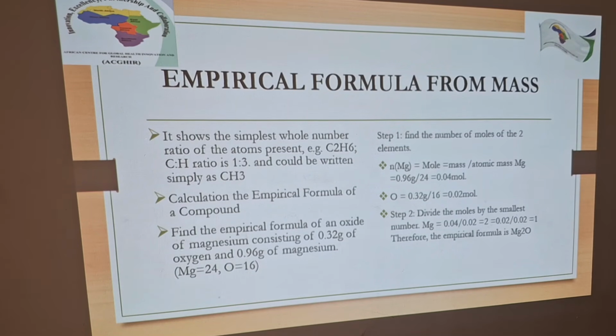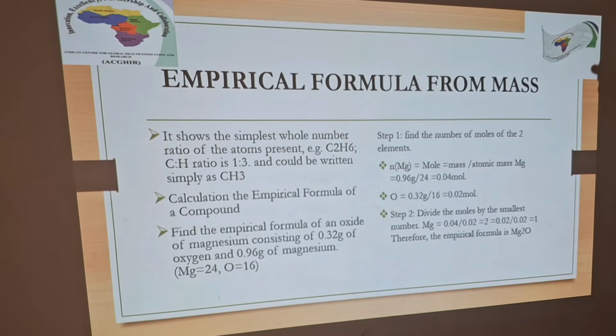Right. Sometimes we may be asked to calculate the empirical formula of a compound. Let us look at the example as projected. Find the empirical formula of an oxide of magnesium consisting of 0.32 grams of oxygen and 0.96 grams of magnesium.